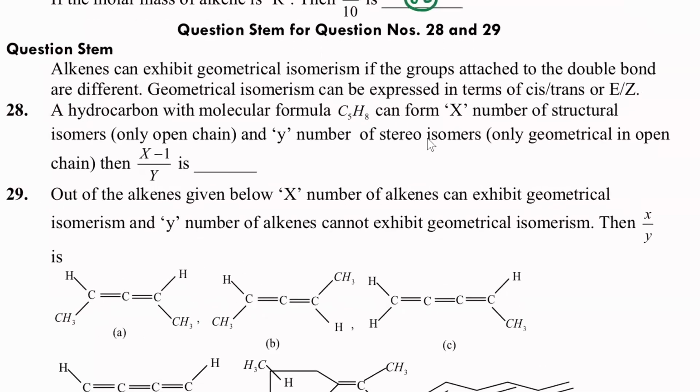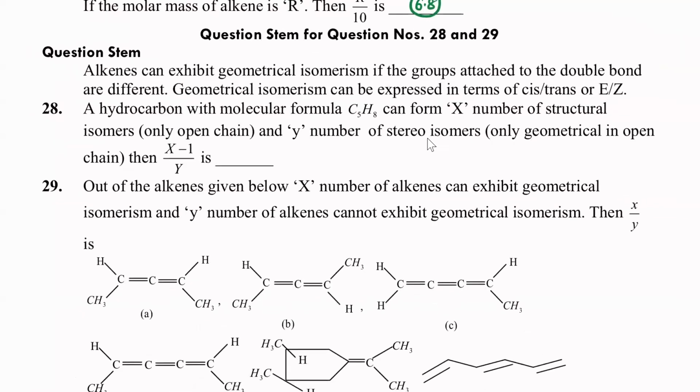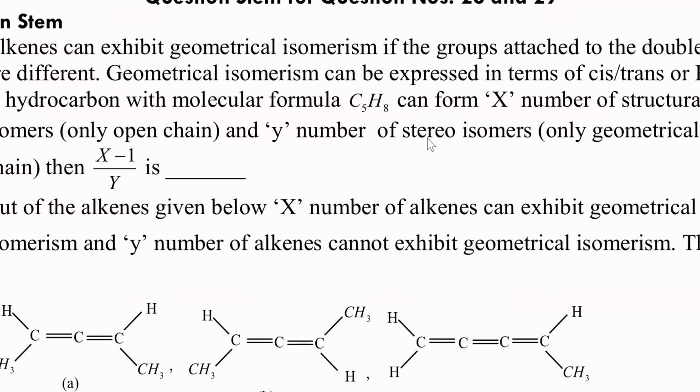Next. Alkenes can exhibit geometrical isomerism if the groups attached to the double bond are different. A hydrocarbon with a molecular formula can show X number of structural isomers, only open chains, and Y number of stereoisomers, only geometrical in open chain. So then how many can we get? Let me write down C5H8.